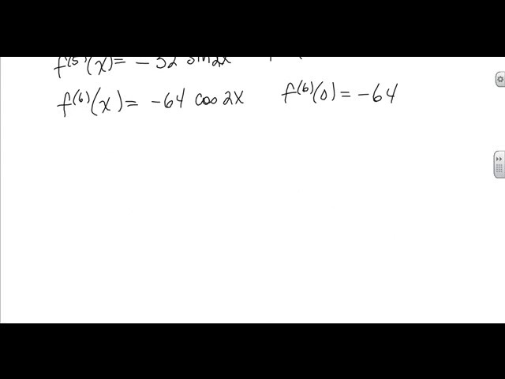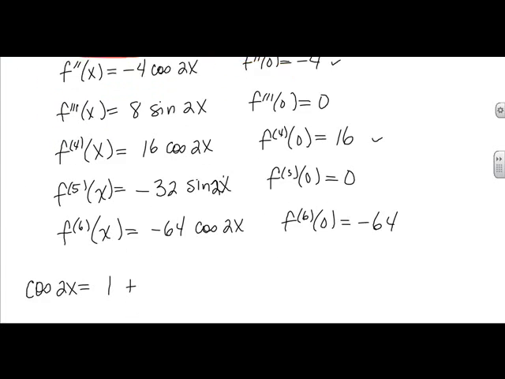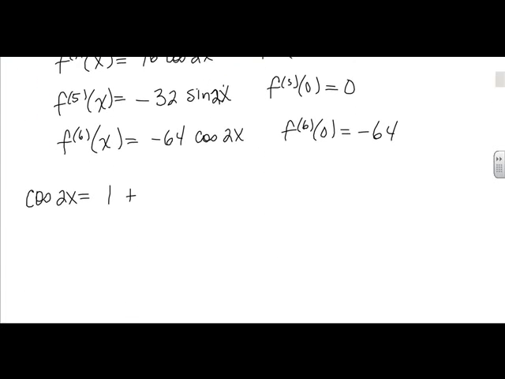So cosine of 2x is equal to f of 0, plus, okay, we'd have our f prime of 0 times x is going to be 0. So the next term we need, we're not going to use that one. The next term we need would be the second derivative. So that's going to be negative 4 divided by 2 factorial times x squared.